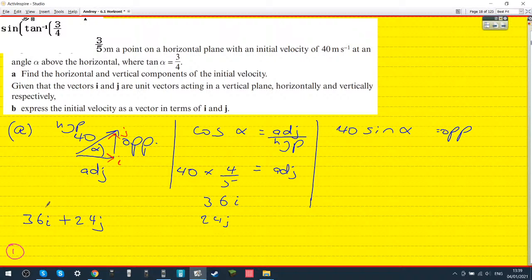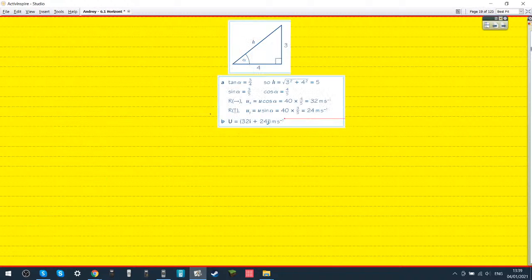And, oh, that was part B somehow. Given the vectors, find the horizontal and vertical components. Is it just 36, 24, and then express the initial velocity as a vector? 36i plus 24j. 32.